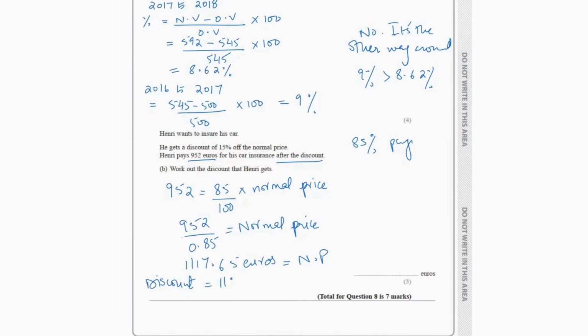So 1,117.65 minus 952, and that gives us 167.65 euros. That is the discount he's receiving. So just read the question carefully and trust me, it's not that hard. Again, these are easy marks so far, nothing complicated.